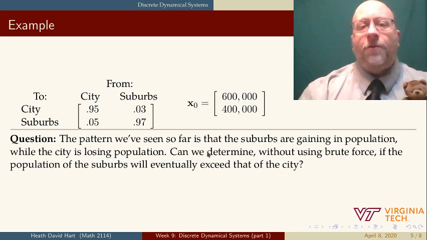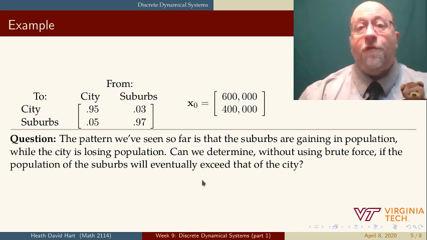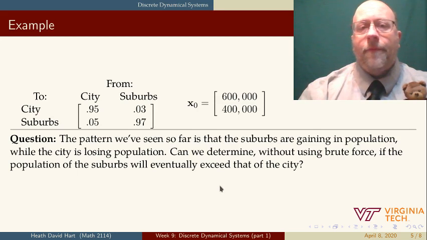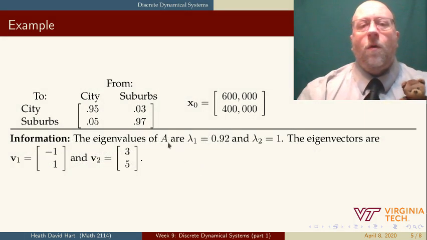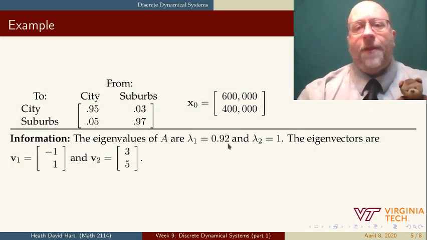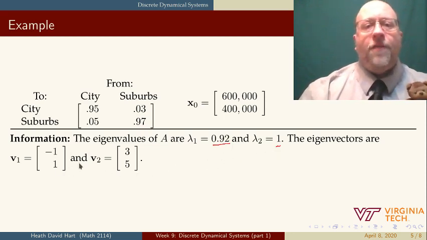Is it possible to determine without just using brute force if the population of the suburbs will eventually exceed that of the city? Well, we know what the eigenvalues of this matrix are. They're 0.92 and 1, and these are the eigenvectors for this matrix.